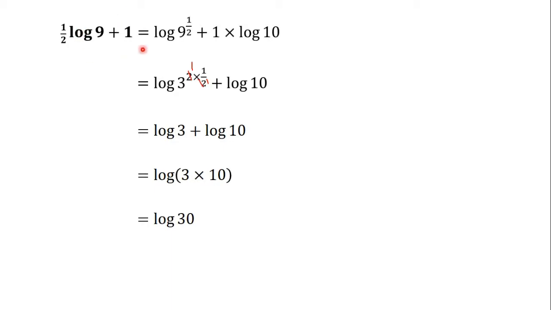So you see that to simplify this, we multiplied this 1 here by log 10, because log 10 to the base 10 is 1. Then we had half log 9, and we wrote that as log 9 exponent half, which is the same thing. Then we used the law that we've just studied to simplify it.